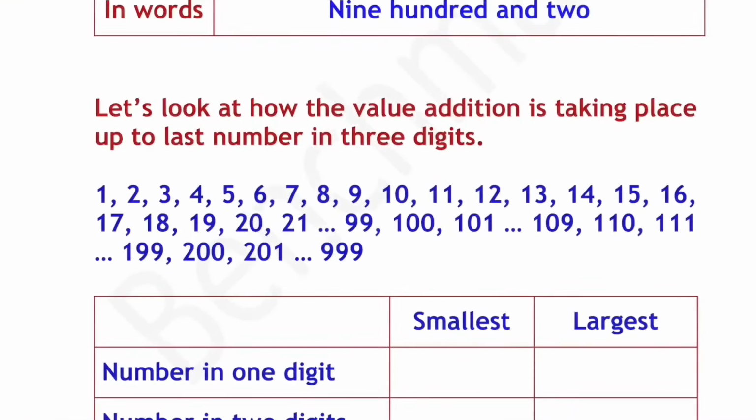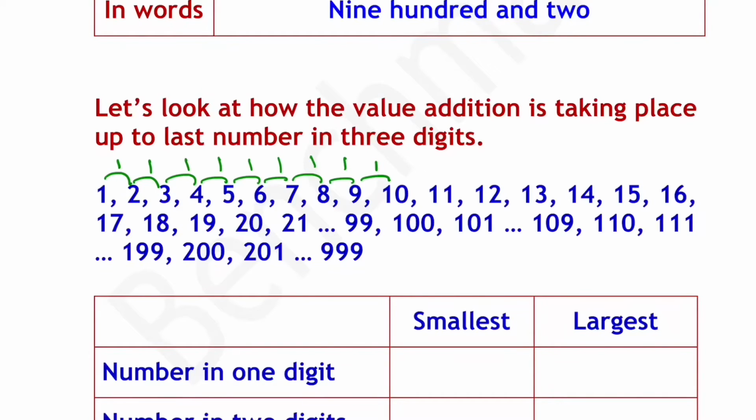Let's look at how the value addition is taking place up to the last number in 3 digits. Digits are introduced in such a way that there is a gap of 1 unit between two consecutive digits. There is a gap of only 1 unit. So when you maintain a gap of 1 unit from 9, the next term is 10.